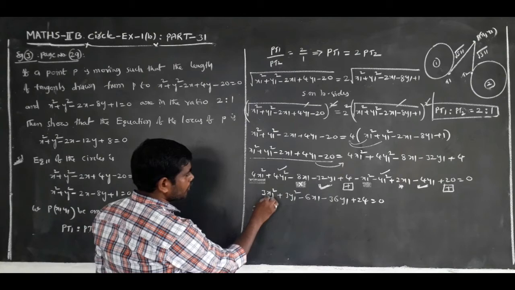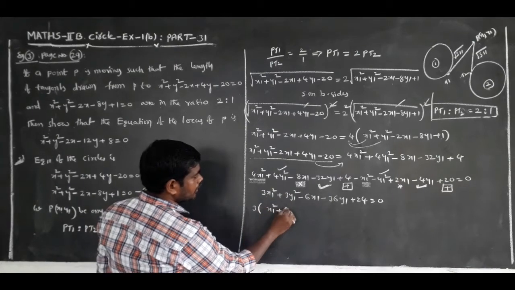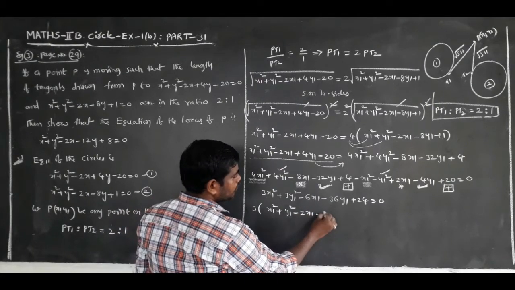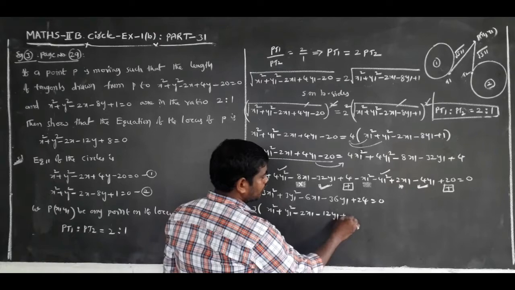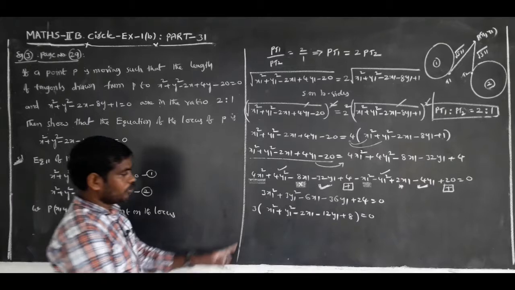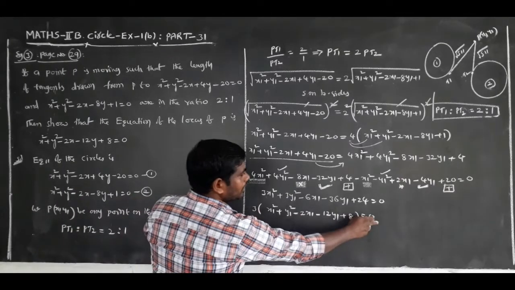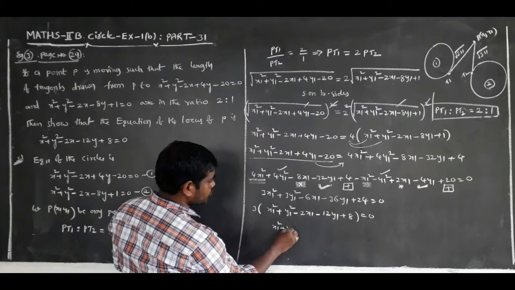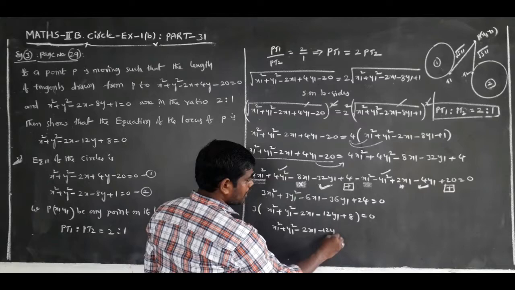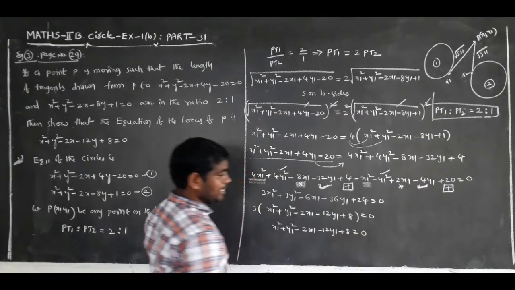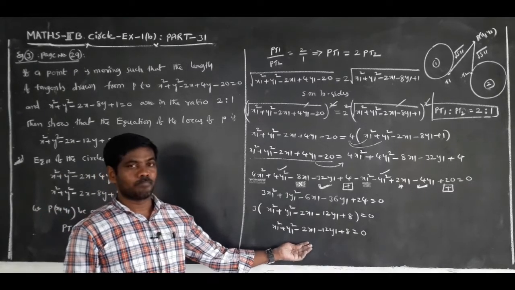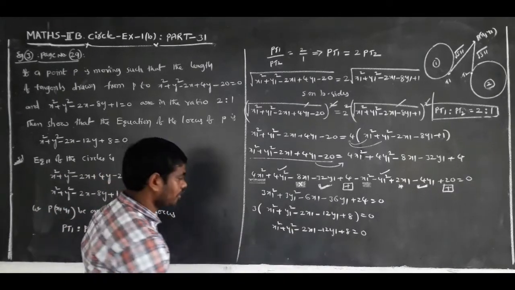3 common: 3 1s are 3, 3 2s are 6, 3 12s are 36, 3 8s are 24. Taking 3 to the right side, 0 by 3 is 0: x1 square plus y1 square minus 2x1 minus 12y1 plus 8 is equal to 0, which is the required equation of the locus of P(x1, y1).